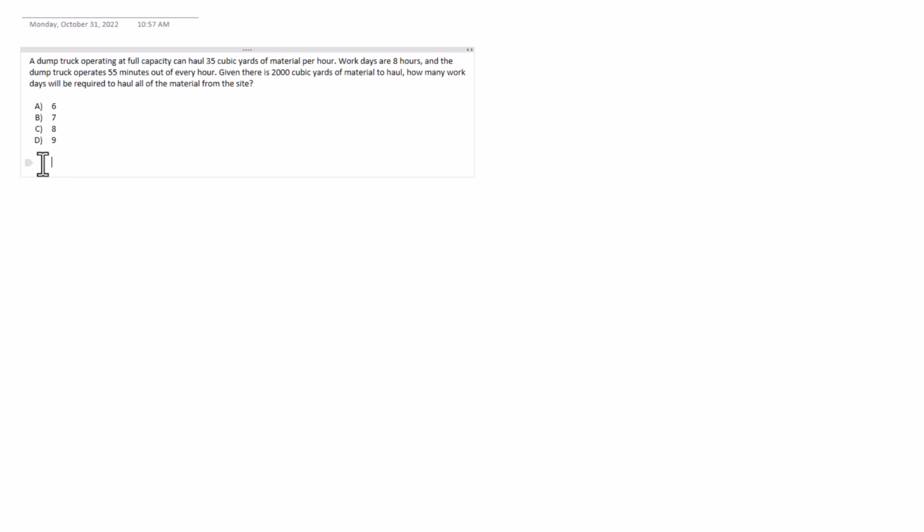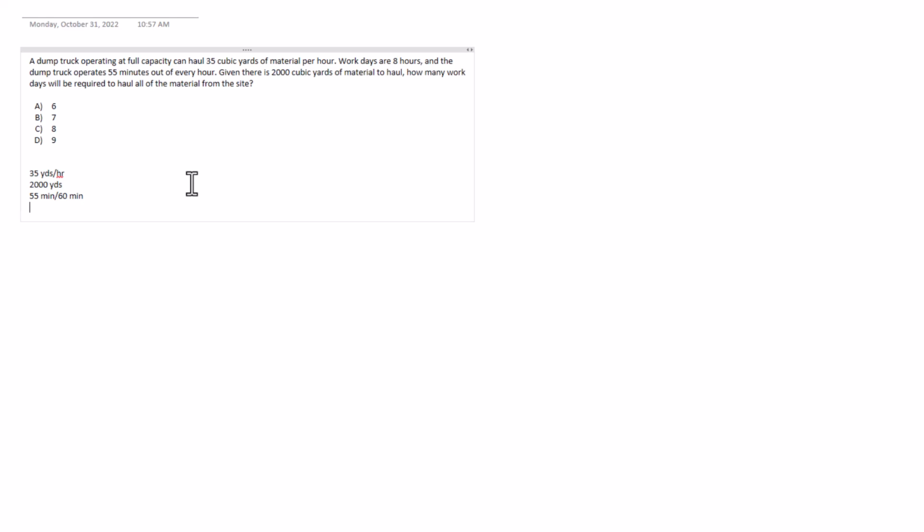So what we're given in this problem is it can haul 35 cubic yards per hour, and there's 2,000 cubic yards total, and it can operate 55 minutes out of 60 minutes. So really this 35 cubic yards per hour is not the number we want to use, because it's only operating 55 minutes on average out of the 60.